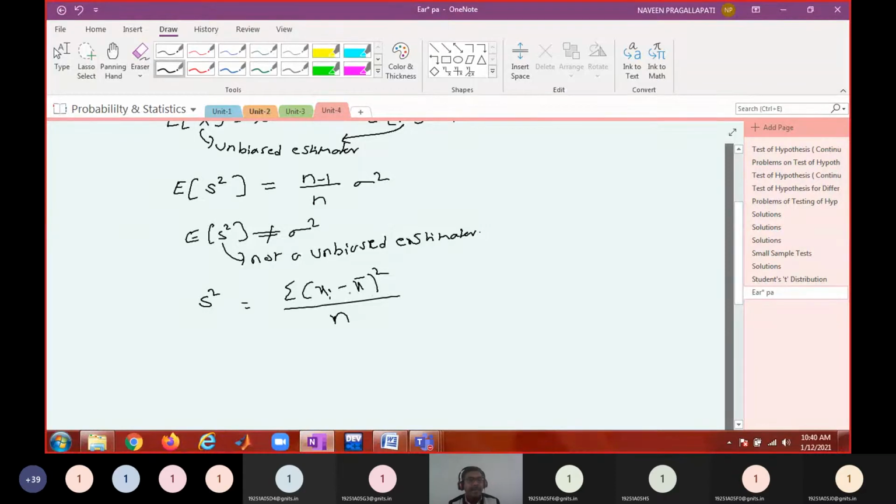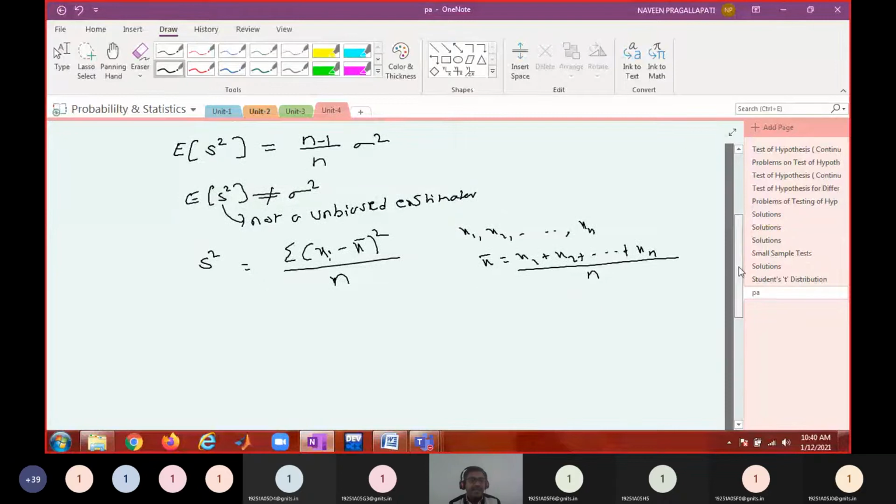X bar is the mean of the sample data. You have x1, x2, and so on, xn observations. You take the mean of the sample data, x1 plus x2 plus and so on plus xn by n. That is the sample mean. Using that, this is the formula for the statistical variance.